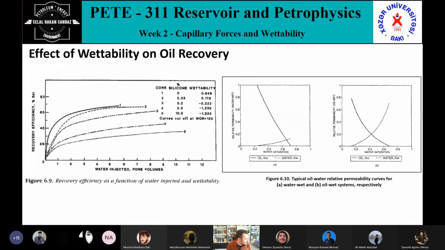In most cases, if your rock includes too much wax, not fracture, wax, it's very homogeneous, then it can have some problems.